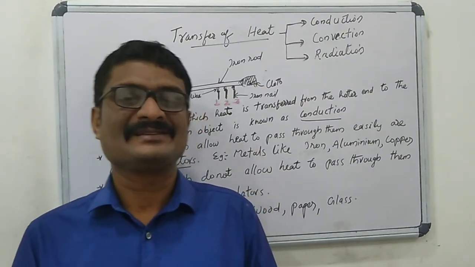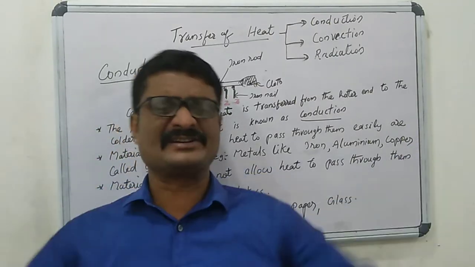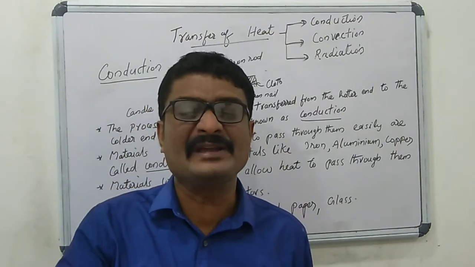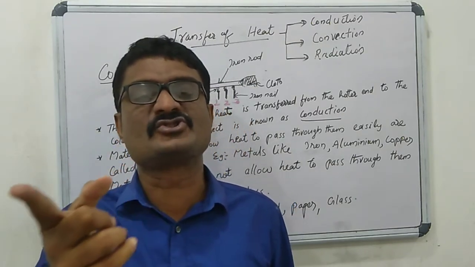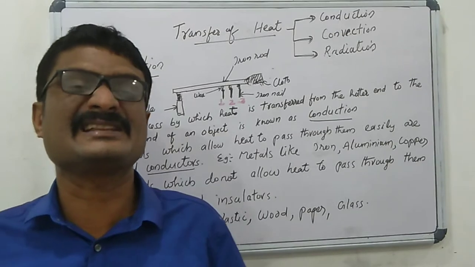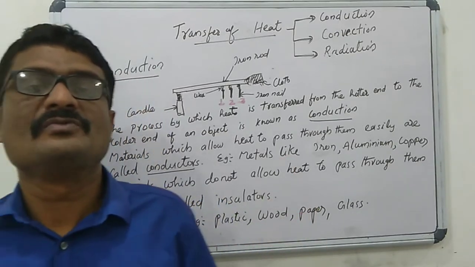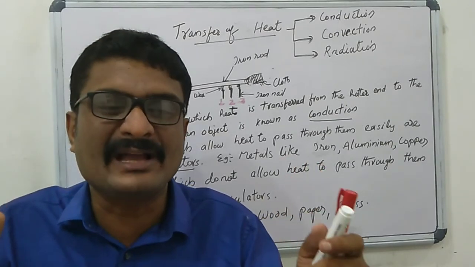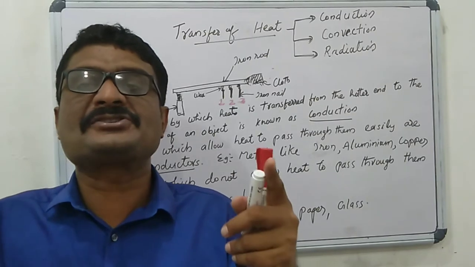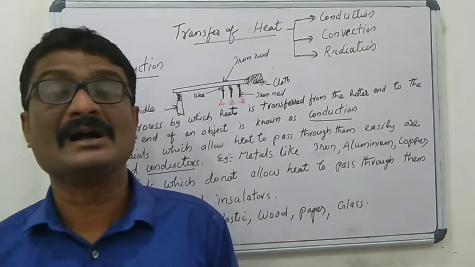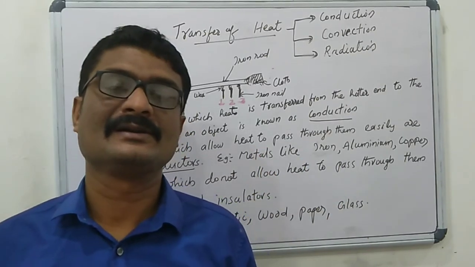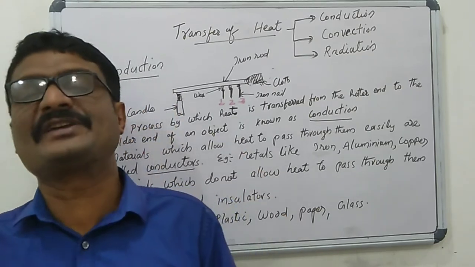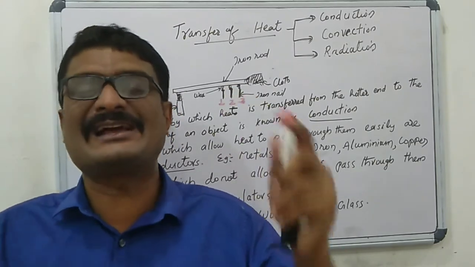And if there are good conductors, there must be bad conductors too. The materials which do not allow heat to pass through them are called bad conductors of heat or insulators.